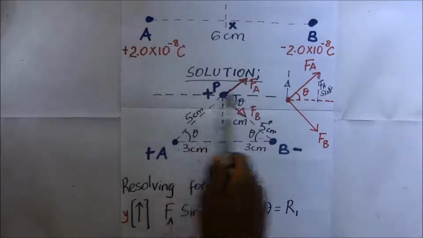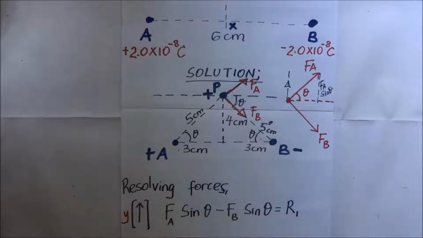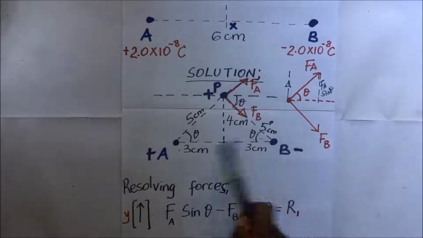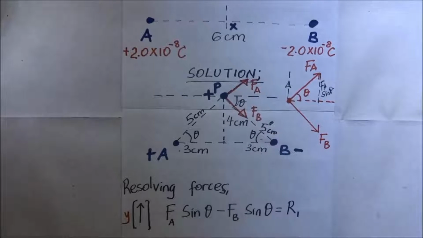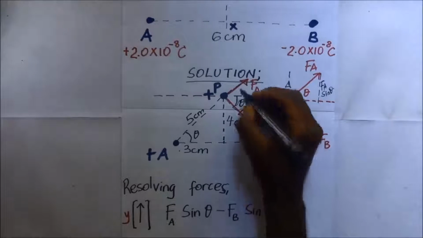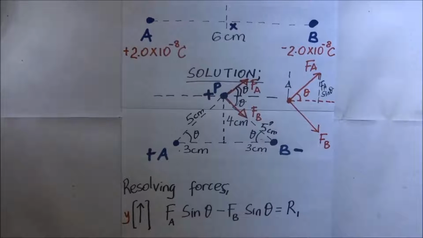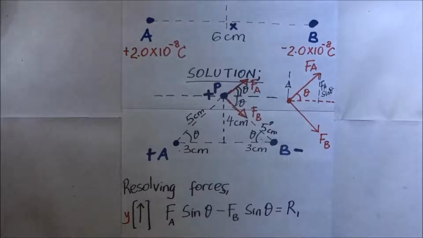These are two parallel lines, and that angle is the same as that, according to our angle properties. And since this line is parallel to this one, this angle is also theta, because they are corresponding angles from our angle properties.